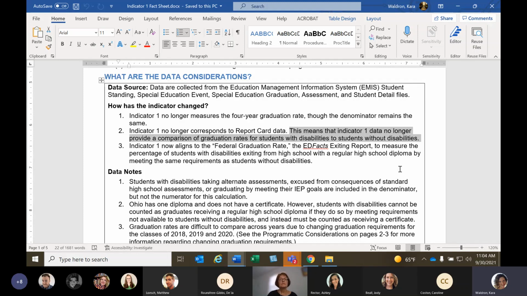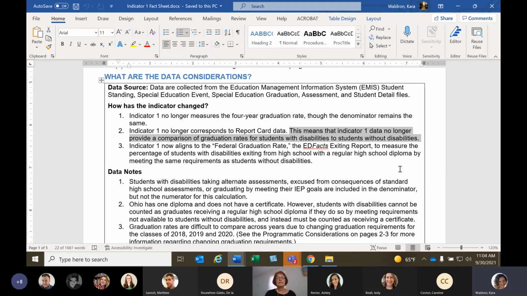We lose the ability to align to those business rules, to all of the infrastructure that we have in Ohio around access to the data, awareness and understanding of the data because of all of the years of, and the visibility, frankly, of the report card. We lose that, and we lose the ability to directly compare graduation rates for students with disabilities to all students, or to students without disabilities.